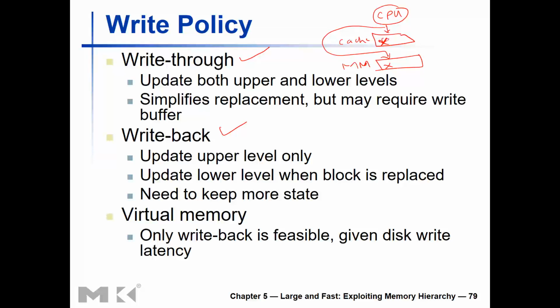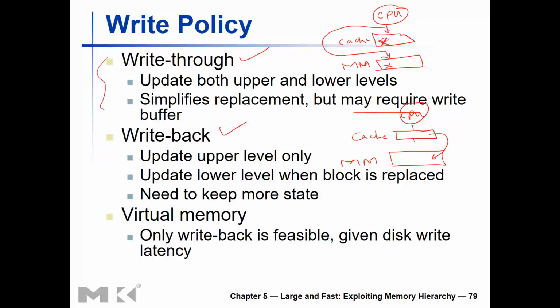Unfortunately, you will see the delay of the memory. So a better policy is write back, where the CPU just writes to the cache. Once this block is replaced in the main memory, if it is dirty, it will be copied all the way to the main memory.